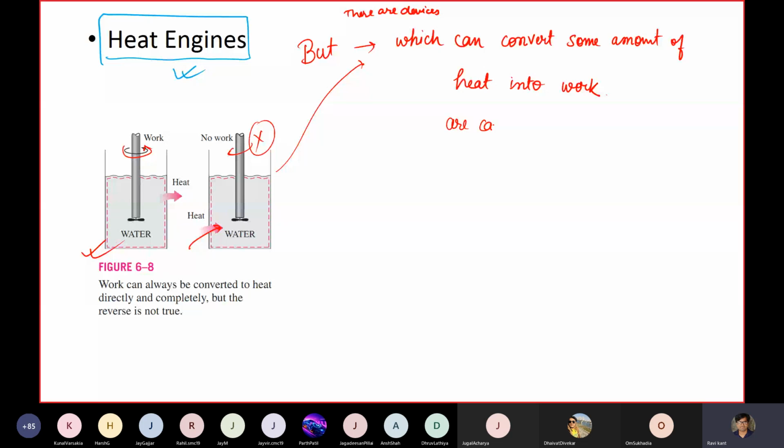We'll see there are several such devices. Physically you can say your petrol engine, diesel engine, your vehicle, not only this, steam power plants, and refrigerators and refrigeration cycles also come under some sort of heat engines.